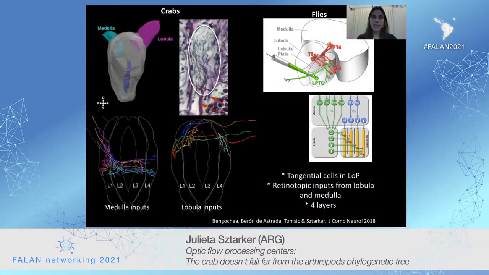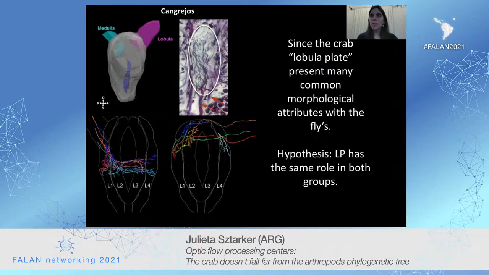They have arborization cells, they have retinotopic inputs from the medulla and from the lobula, and they are organized in 4 layers. So all this led us to a question: if we have so many morphological attributes in common with the fly, would this structure play the same role as in flies? Would it be involved in the performance of optomotor responses?